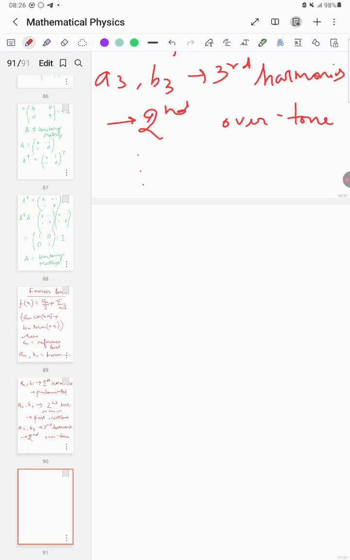Fourier series can expand piecewise continuous functions also. For a function to be expanded into a Fourier series, it need not be continuous and differentiable everywhere; it can be piecewise continuous. This is the speciality of Fourier series.